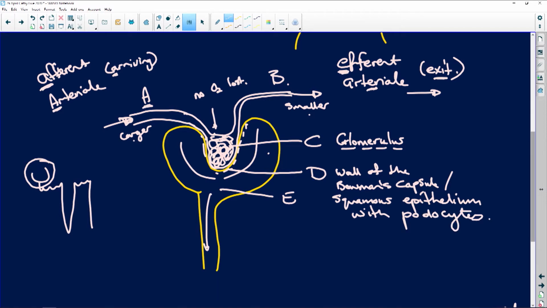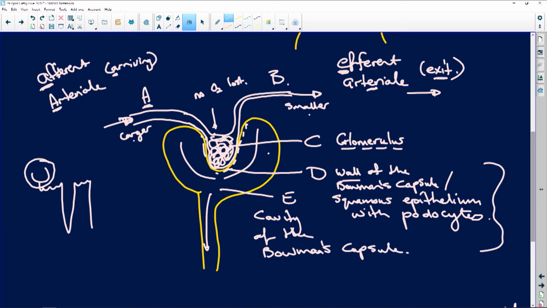I'm not sure what the examiners would have wanted there, but both of those are correct. Then for E, this is simply the cavity of the Bowman's capsule. But E I would have put as the Bowman's capsule.